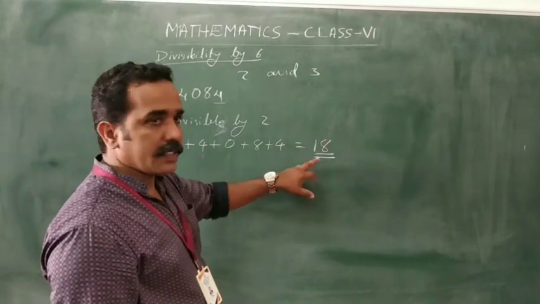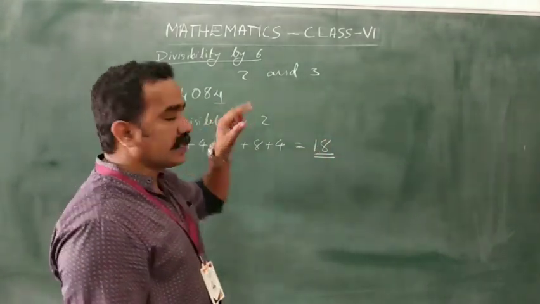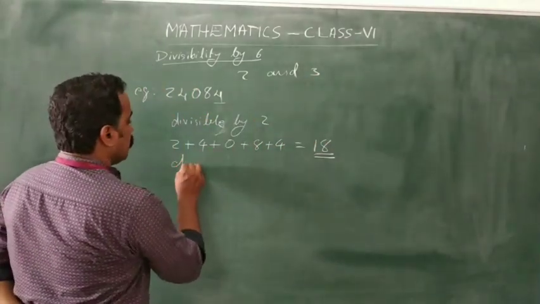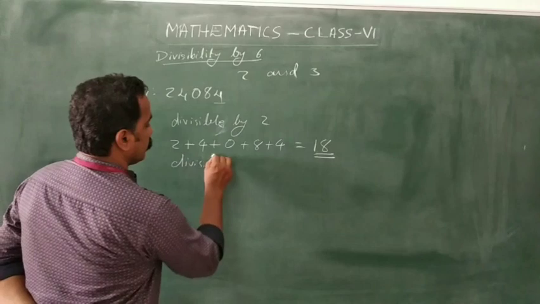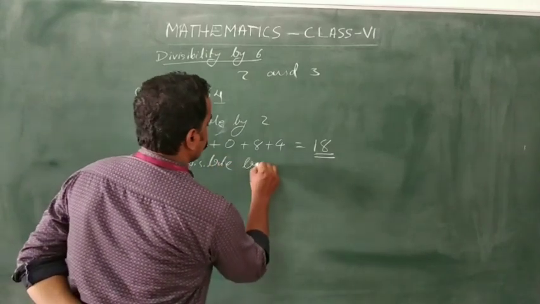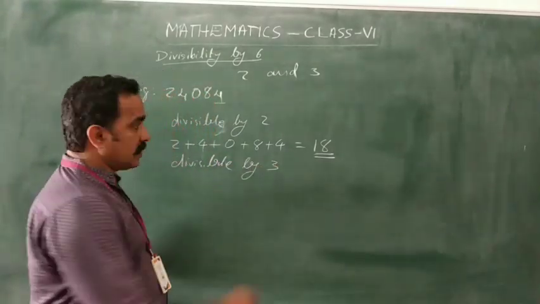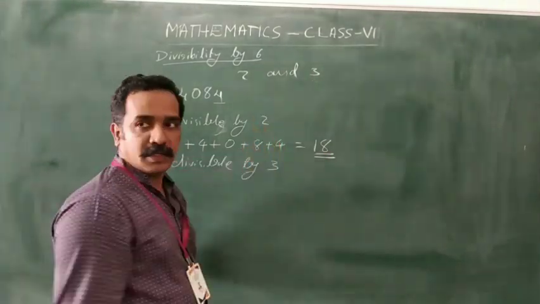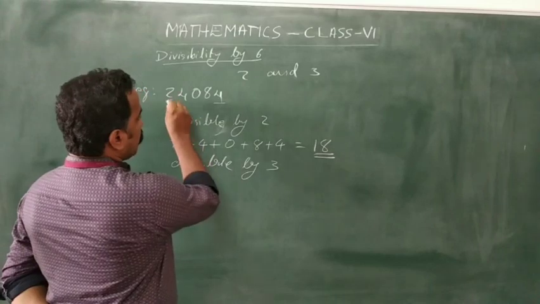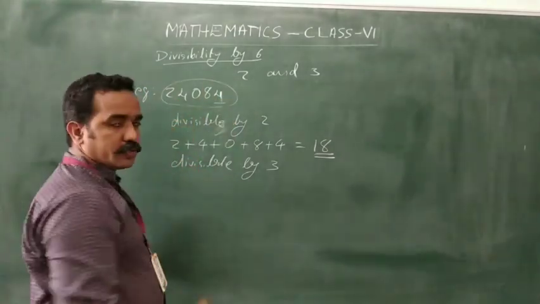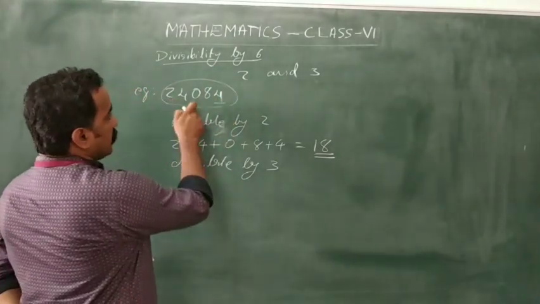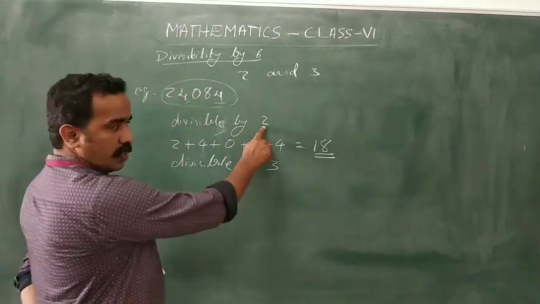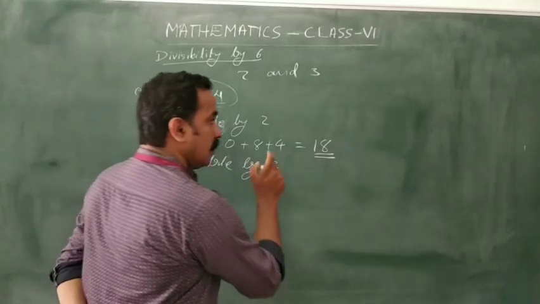So this number is divisible by 3 also. The reason is the sum we got is 18, and 18 is a multiple of 3. Therefore, this number is divisible by 3 also. That means the number 24,084 is divisible by 2 and it is divisible by 3.